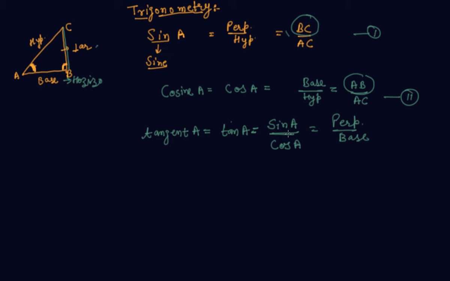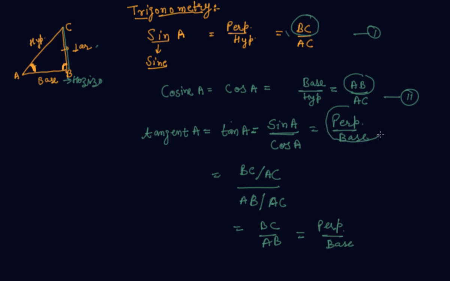So if I apply this formula, sine A was BC upon AC and cos A was AB upon AC. So you will get BC upon AB, which is perpendicular upon base. So you can directly use the formula as perpendicular divided by base, or sine A by cos A. I hope you guys are clear up to now.